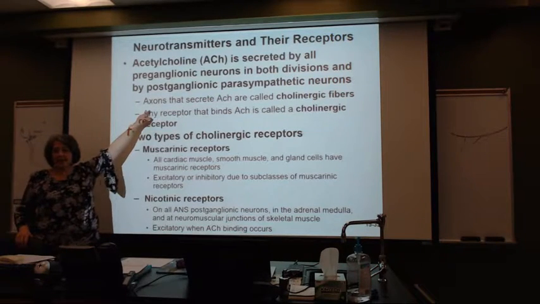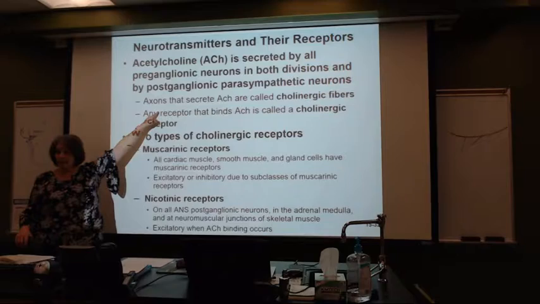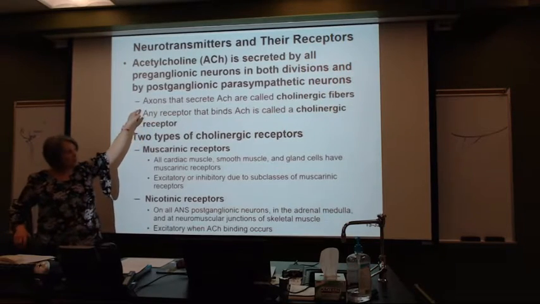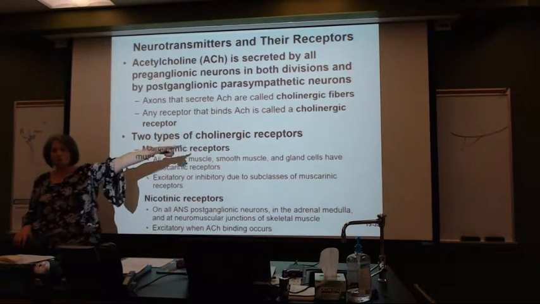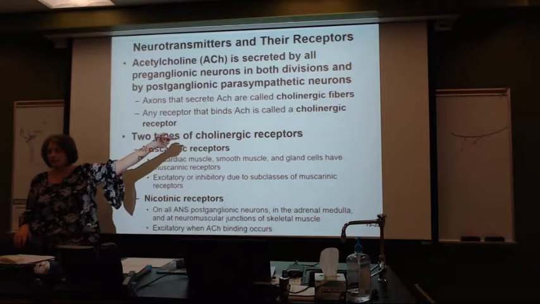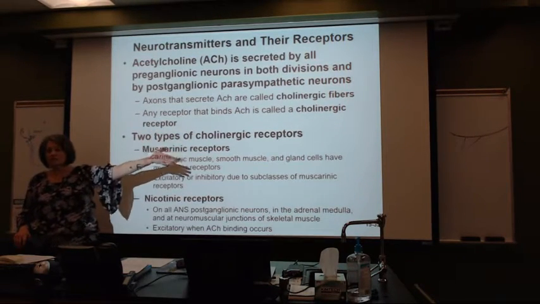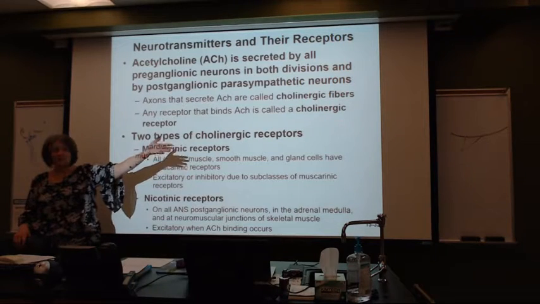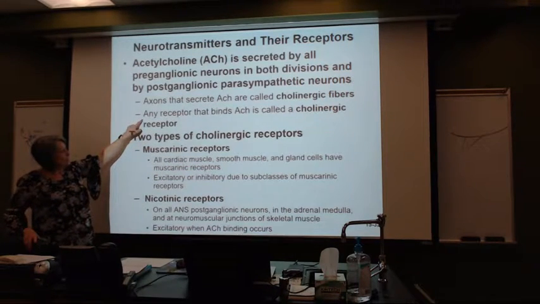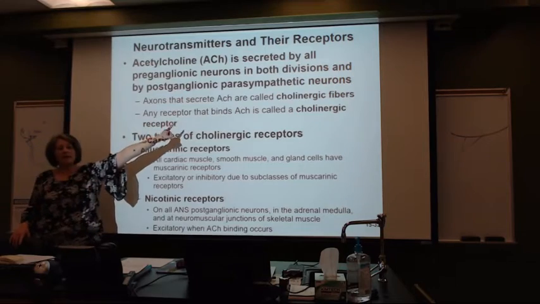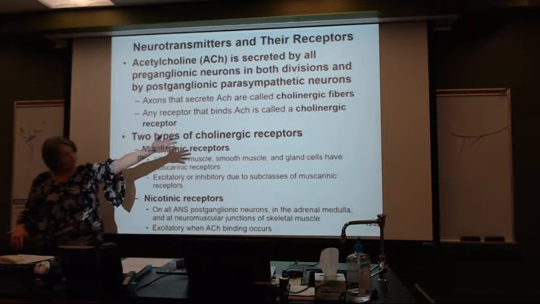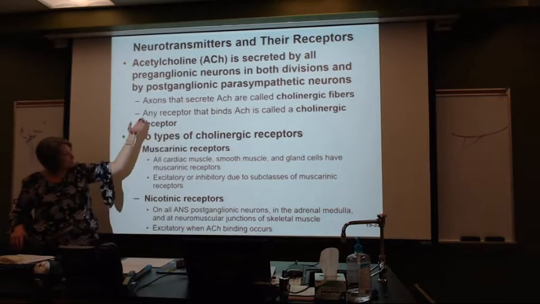Because of ACh, acetylcholine, they're going to call them cholinergic, from choline. So they're just termed cholinergic fibers for this system. If a receptor accepts it, they simply call it a cholinergic receptor.